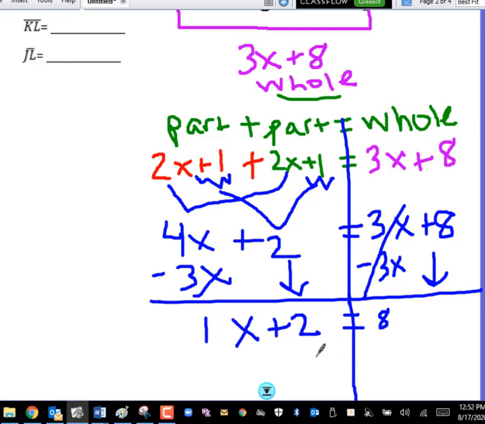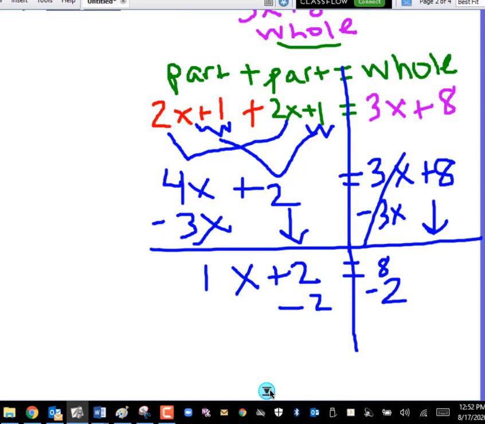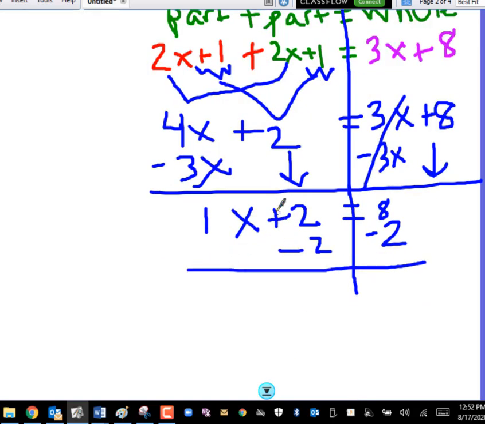I need to move 2 to the other side, so minus 2 minus 2. This cancels out, leaves me with 1x. 8 minus 2 is 6. Do I have to divide if it's 1x? No. If you divide by 1, that's fine, but you don't have to. So final answer is x equals 6.